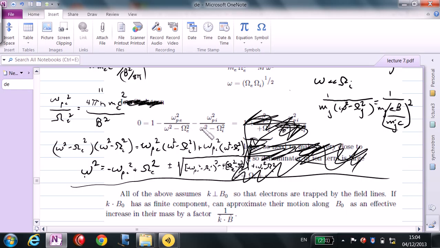And then I was assuming that we needed affirmative action for the ions to make this term equal to this term, and therefore omega should be very close to omega I. Now that's the right idea for ion cyclotron waves.